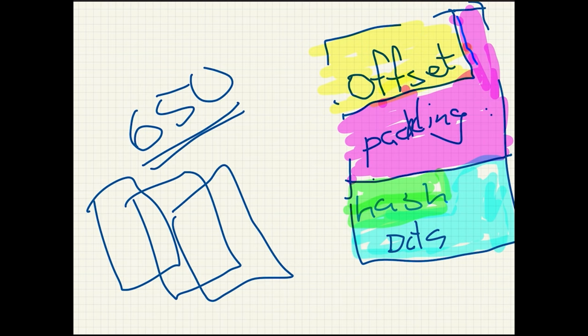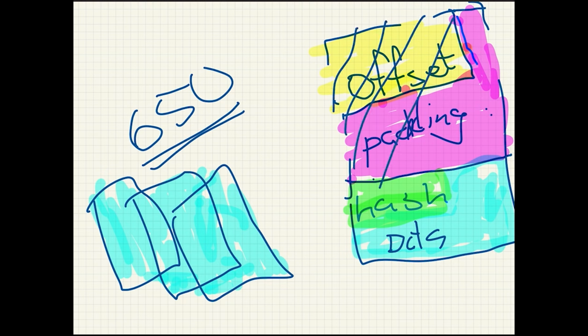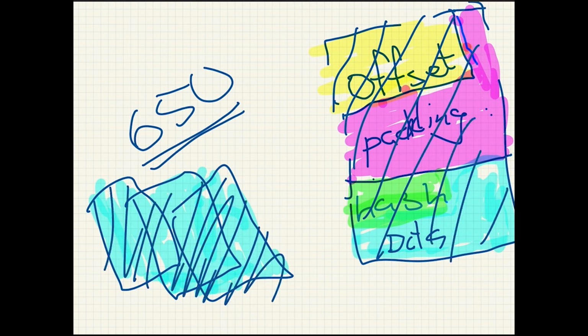So the data can be several gigabytes. It can be any length, and then we will encrypt everything. So even the random data will be encrypted as well, and then written to the file.